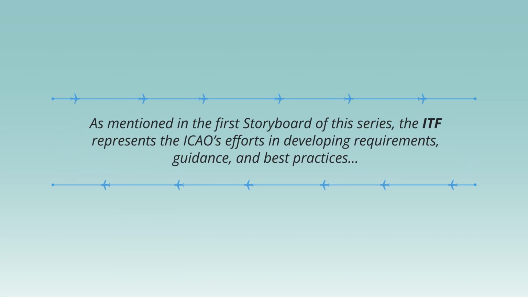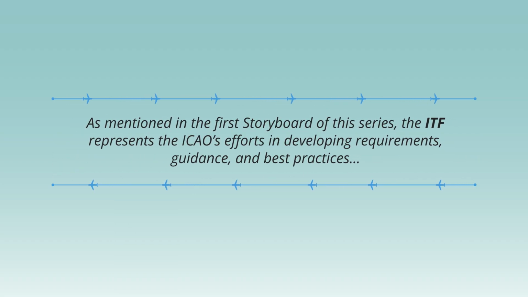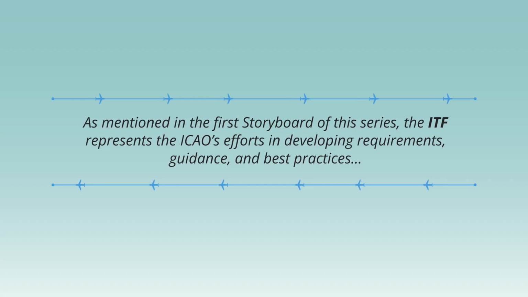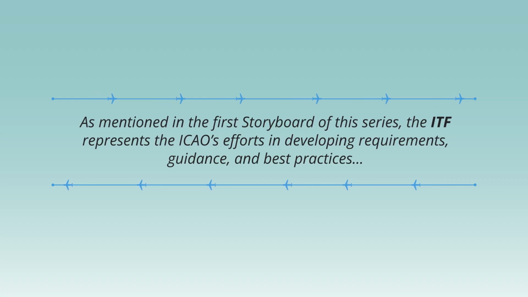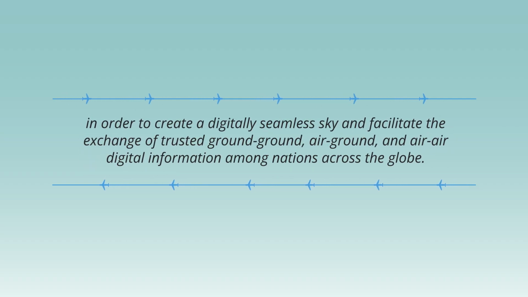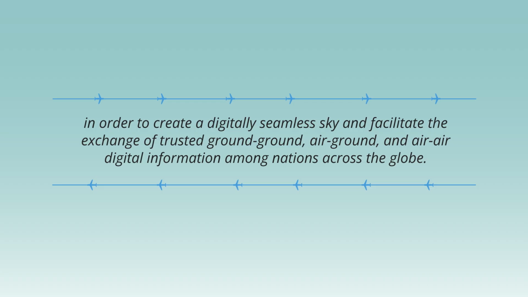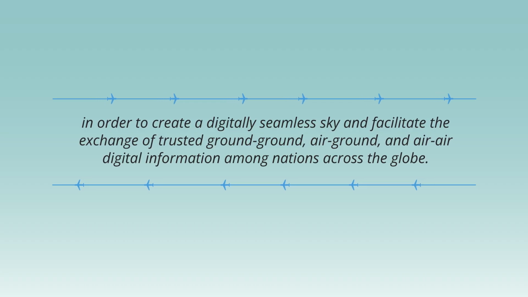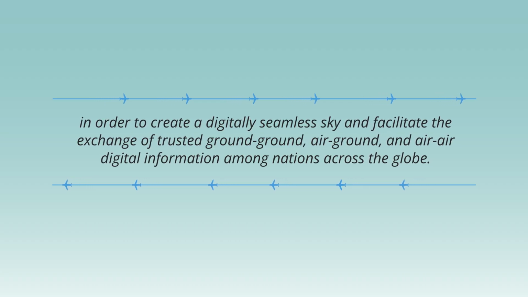As mentioned in the first storyboard of this series, the ITF represents the ICAO's efforts in developing requirements, guidance, and best practices in order to create a digitally seamless sky and facilitate the exchange of trusted ground-to-ground, air-to-ground, and air-to-air digital information among nations across the globe.